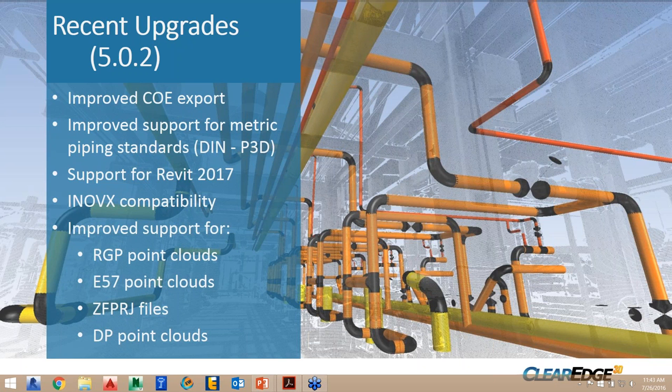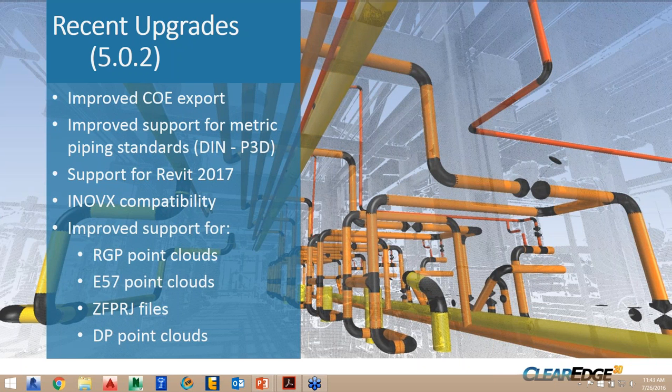We took care of some issues where we occasionally would get disconnects between elbows and pipes, and that's been cleaned up, and we should get really nice clean COE pipe models out now.